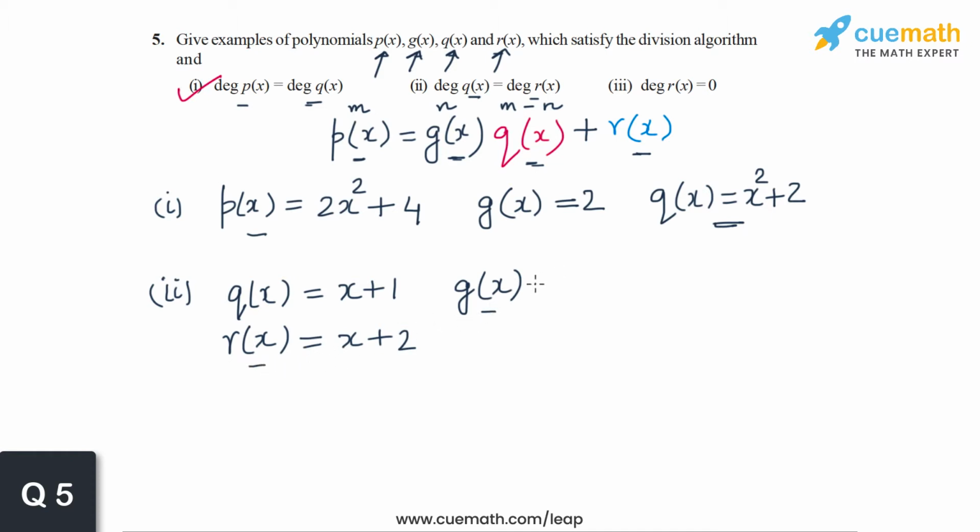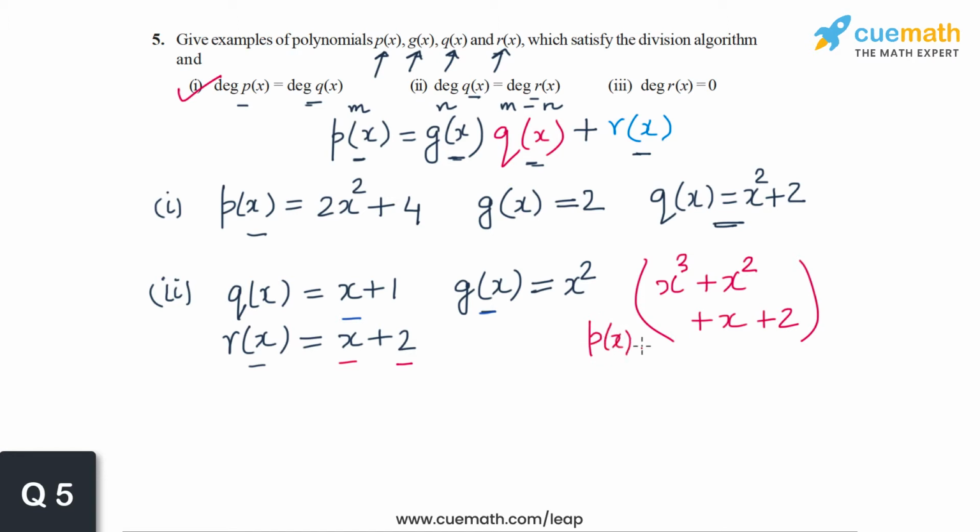So let's say we take the divisor to be x square. So what will be the dividend p(x)? We multiply g(x) by q(x), so that gives us x cube plus x square, and then we add R(x) to it, plus x plus 2. So this is our polynomial p(x).